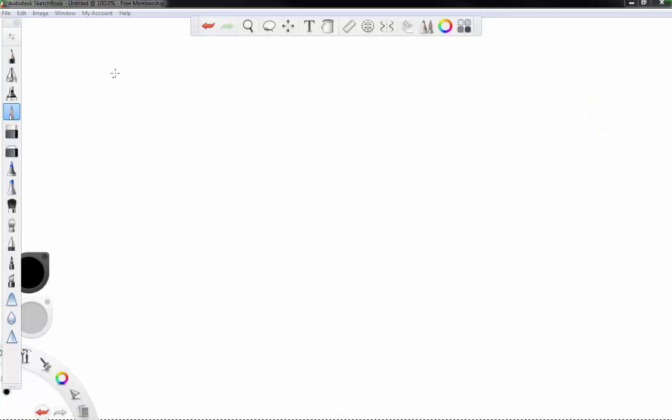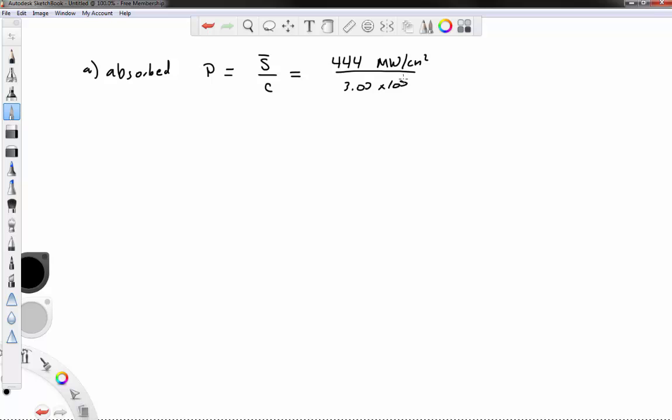So we'll assume that it's like opaque glass and eventually the light is absorbed. So the average pressure when absorbed, for A, would be P is the average of the Poynting vector divided by c. Well, that's also the average of the intensity divided by c. So 444 megawatts per centimeter squared divided by 3.00 times 10 to the 8 meters per second.